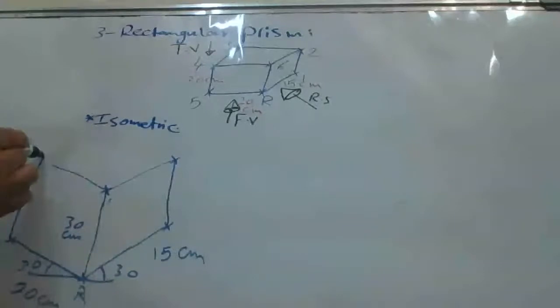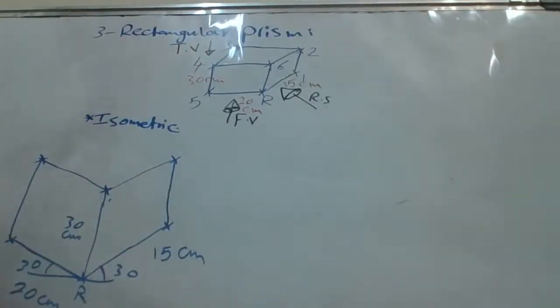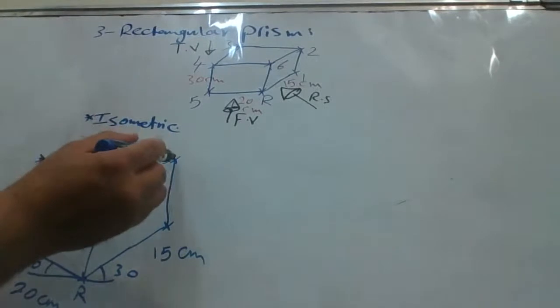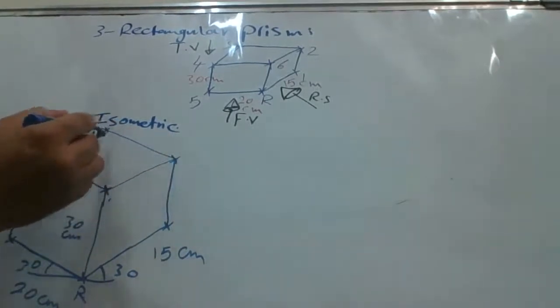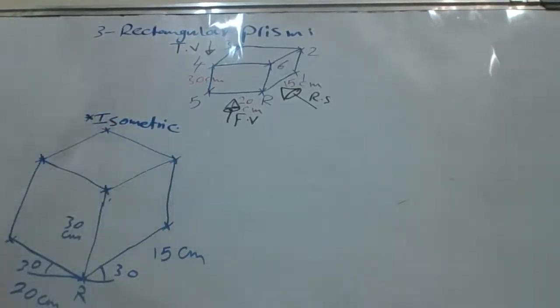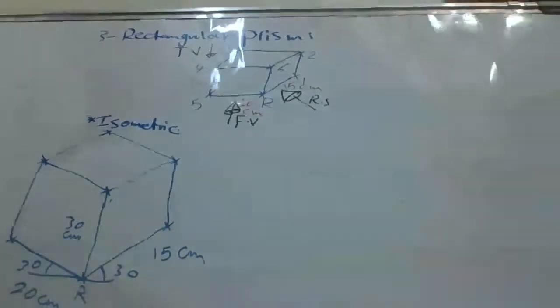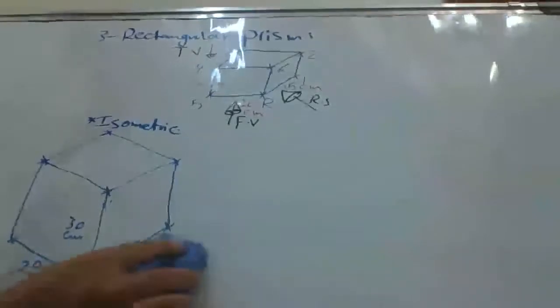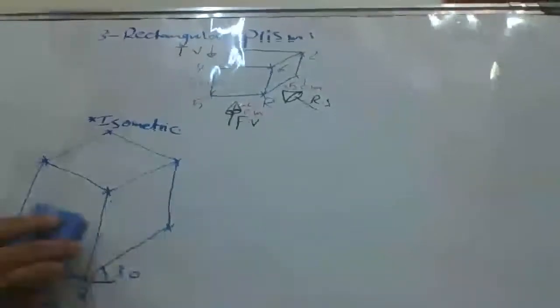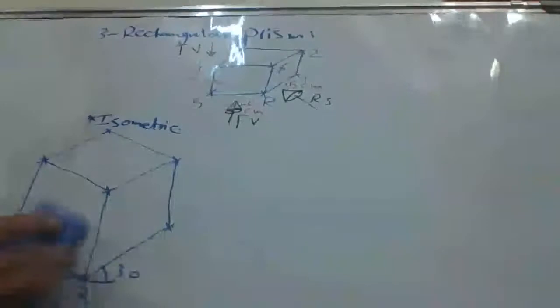This is the front view part. Then continue here, we get the top view of the surface. This is what we call the standard shape for pictorials for any upcoming lengths.